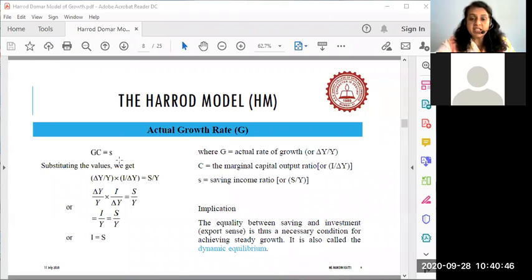So the one below is S, which is denoted over here also. There is a small s over here. GC is equal to S. So ultimately it depends upon savings. Saving out of income is going to be nothing but S upon Y. So out of a given income, how much you are going to save, point number one. And secondly, out of a change in income, how much you are going to save.